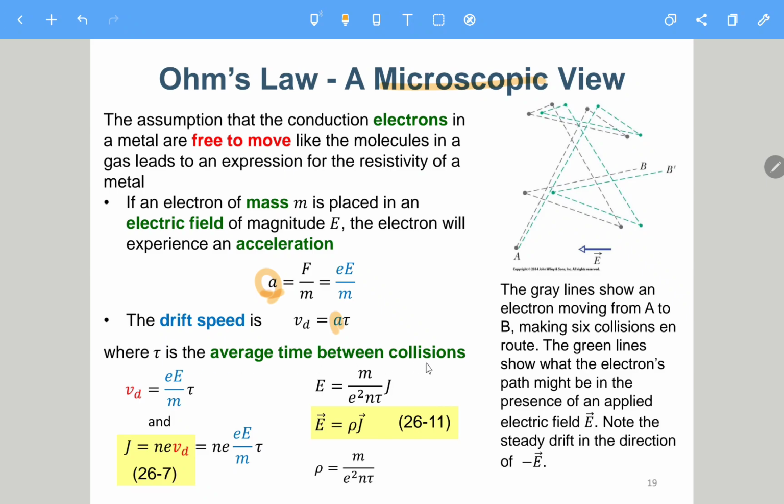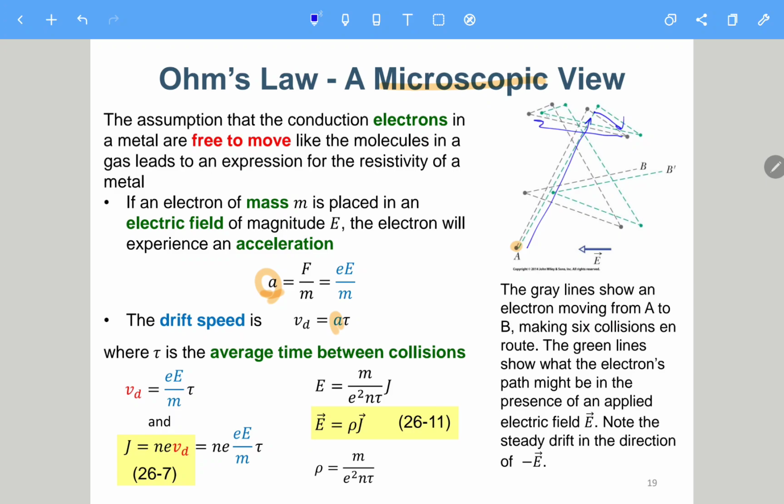The average time between collisions, which means that suppose I have an electron here. It may accelerate from 0 to maximum speed, and then it might collide with something. After it collides, it will turn to another direction and accelerate again, and then collide with another thing, and then turn to another direction.